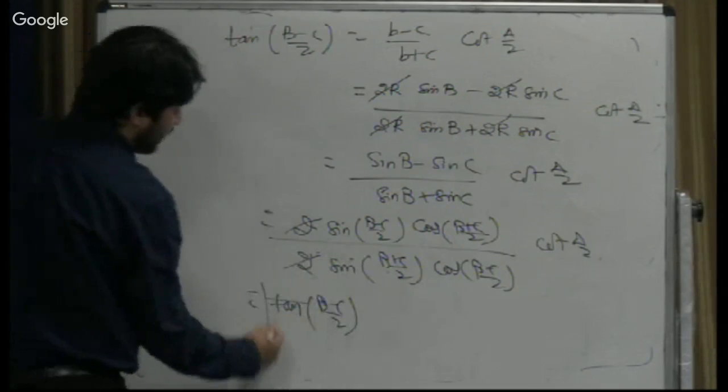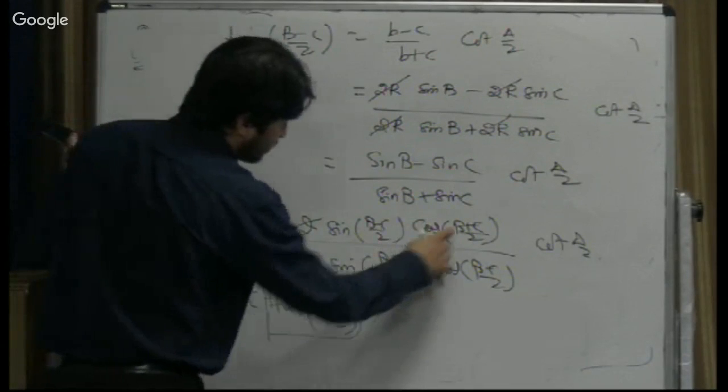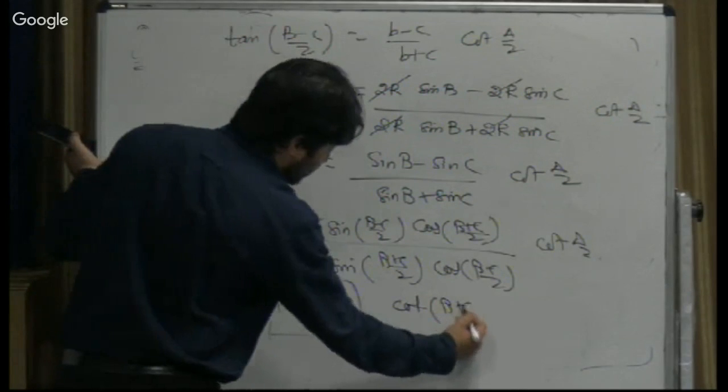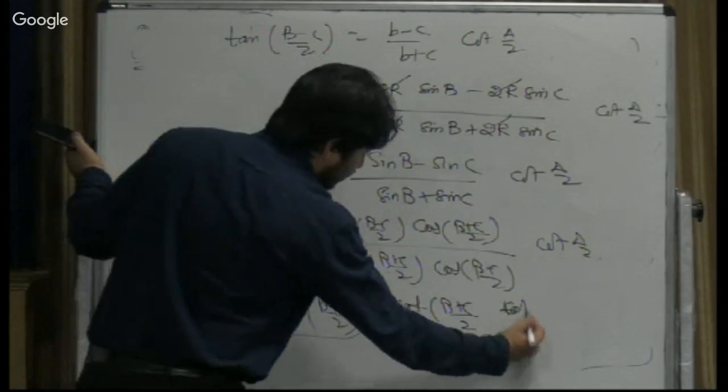So I just left it alone and I manipulated this thing, and I write this is cot (b plus c)/2 into cot a by 2.